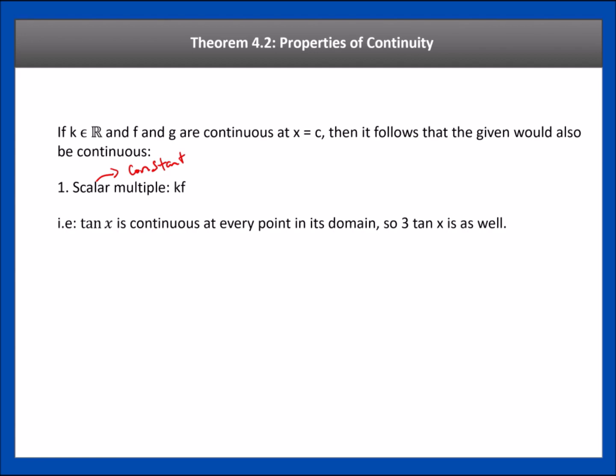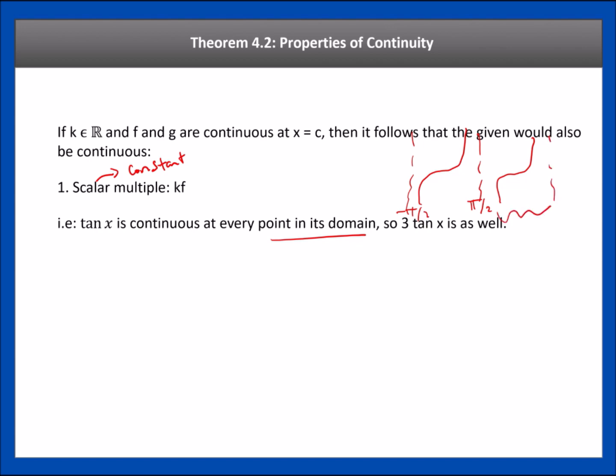So for example, tangent x is continuous at every point in its domain, right? When I say every point in its domain, I mean the domain of tangent. We know that tangent looks like this, right? And it has asymptotes at pi over 2, negative pi over 2, and so on and so forth, right? But we're looking at within its domain. So within its domain, it is continuous.